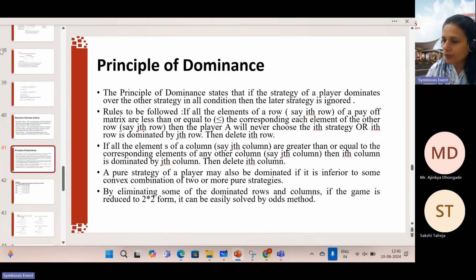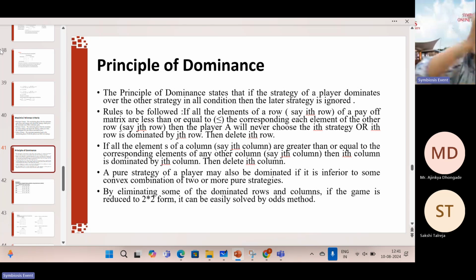In simple words, if I have multiple rows, I will observe the entries of all rows. If all the entries in a row are lesser than or equal to the corresponding entries of another row, then I'm going to delete the row with minimum values.